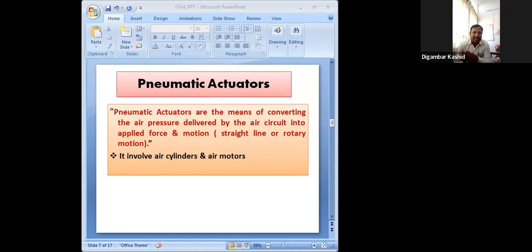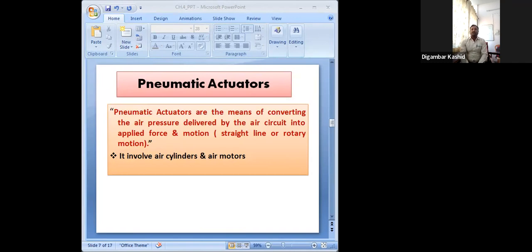Like our hydraulic actuators, pneumatic actuators also produce linear motion, rotary motion, or oscillating motion.